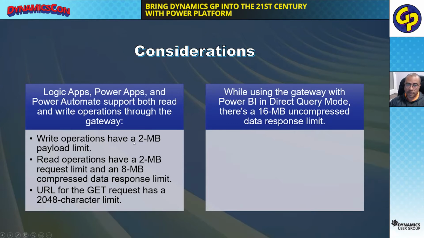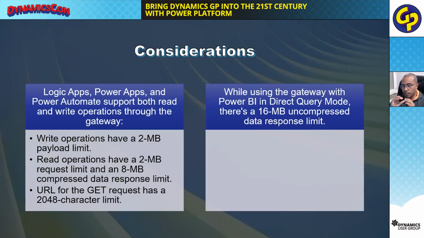So if you have a JSON package, which is how data is transmitted back and forth, that JSON package has a 2 megabyte payload limit. Read operations have a request limit between 2 megabytes and 8 megabytes in compressed data response limit. So if you send out a request that is 2 megabytes long, you can expect at least 8 megabytes in compressed data response.